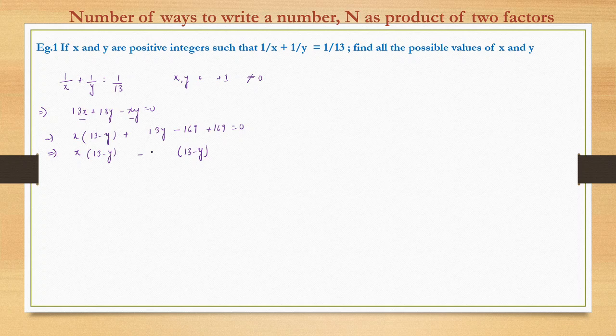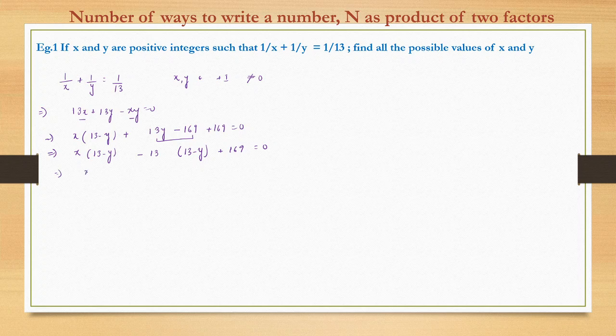So we multiply this with minus 13, so that minus 13 into minus y becomes 13y, and here it becomes minus 169. Minus 13 into plus 13 is minus 169. Because this extra term minus 169 is being generated, we added 169 to neutralize it. So this becomes 0. So basically in this term we took minus 13 as common.